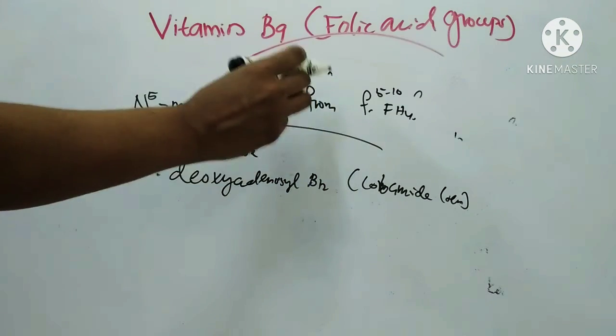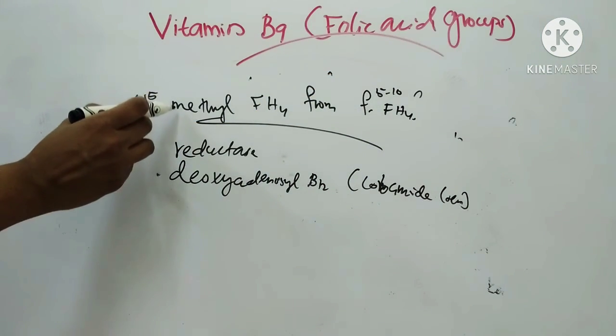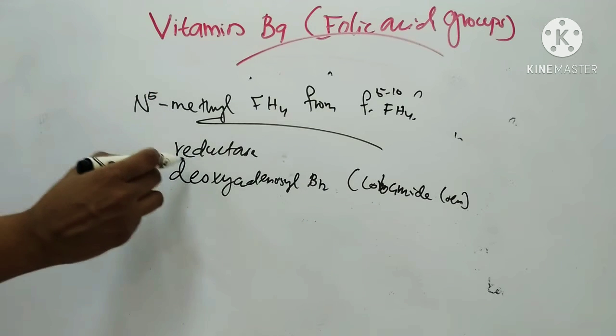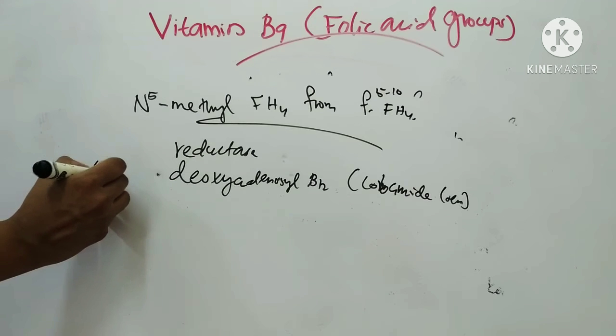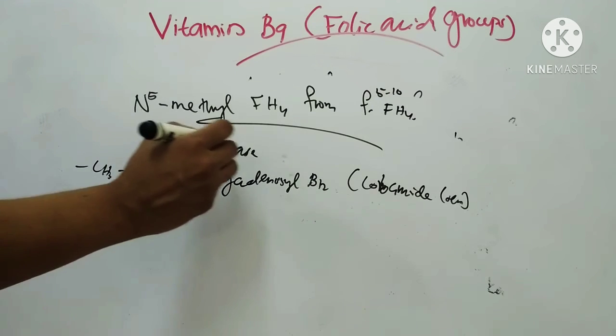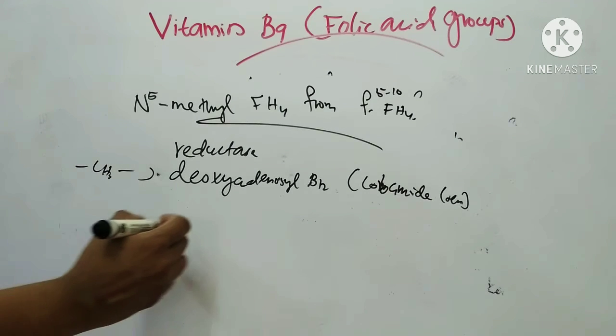So F510FH4 is converted to N5-methyl FH4 by NAD plus dependent reductase, and the CH3 group is transferred to deoxyadenosylbutol, or cobamide coenzyme, forming methylbutol.